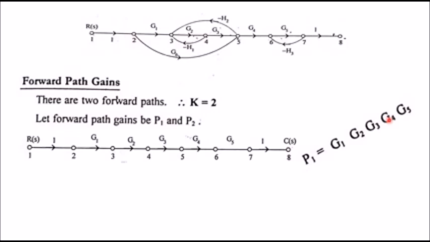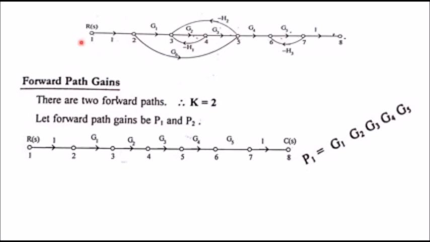Then is there another path where we can start from R of S and reach C of S? Yes, I have another path. Starting from here, going to node 2, then take this path, reaching node 5, then go here, then go straight. Do not take any feedback, because we must not traverse a single node twice.